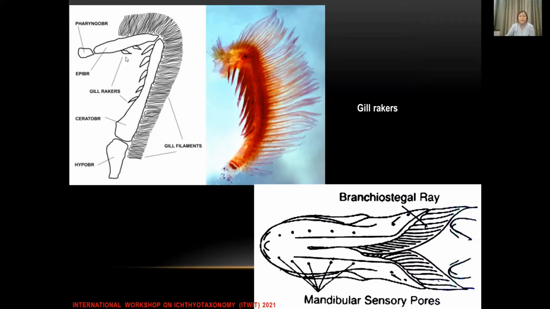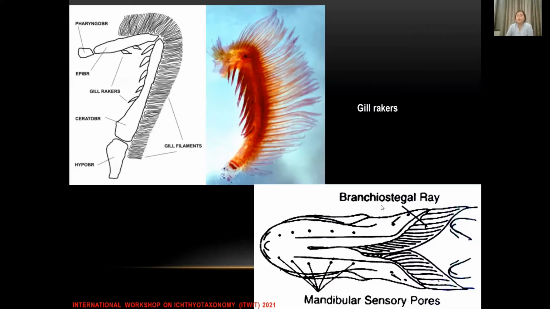So when we count the gill rakers, it should be written like 2 plus 1, 2, 3, 4, 5. And if a gill raker is borne in between, at this angle between epibranchial and ceratobranchial, we have to count it with the ceratobranchial side. So that is how we count the gill rakers.